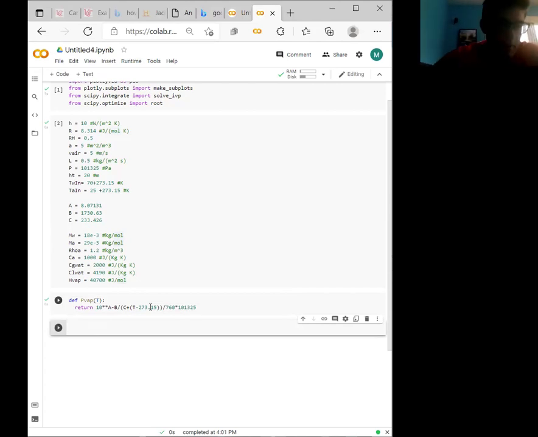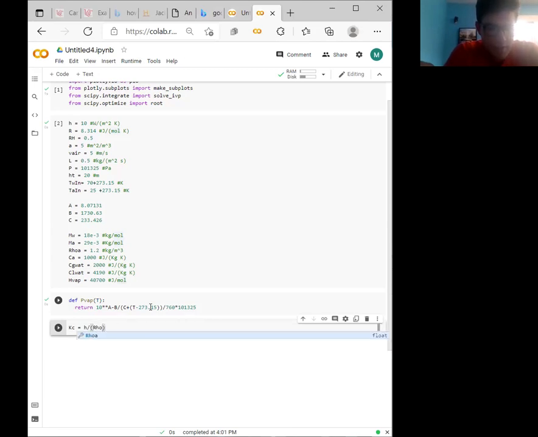We're going to actually find the, I always forget, the mass transfer coefficient. So we're just going to use the definition equation that we have from the book, which is the heat transfer divided by the density of air multiplied by the, oh my gosh, what's this called?